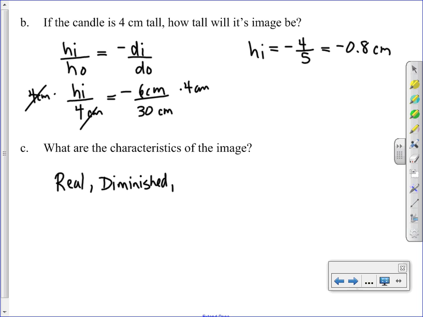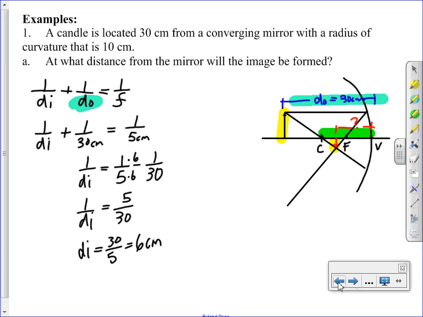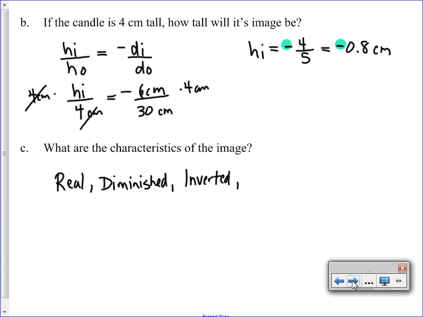If the height of the image is negative, that means it's going to be inverted. And then our position, we would have to relate it back to this 6 centimeters. 6 is between 5 and 10, 5 being the focal length, and 10 being the center of curvature. So we know that it would be between C and F.